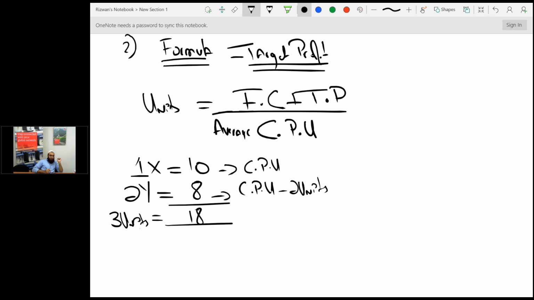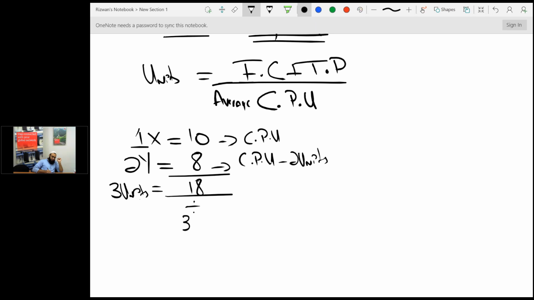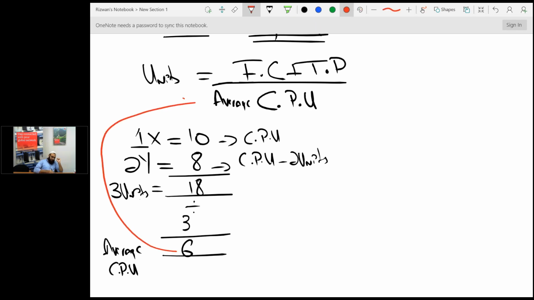Now, you need to calculate the average of this. You need to divide this by 3 to get the average contribution. And we are using the average here because the fixed cost relates to both X and Y. Both X and Y have the responsibility to cover the fixed costs. It's not just X that will cover it, Y will also cover. So if I divide it, I get an average contribution per unit of 6.